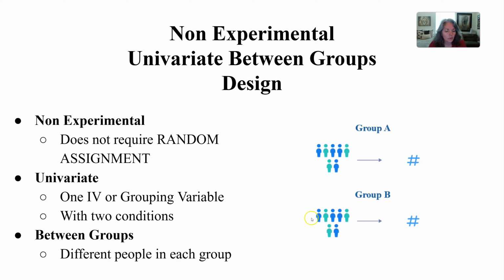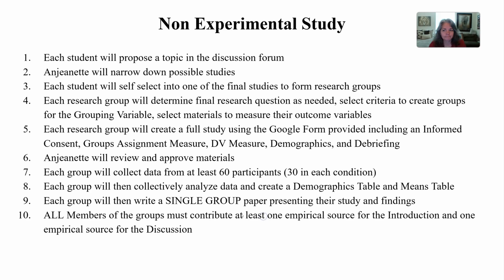Okay, so those are going to be different people in group B than you have in group A. Okay, you have to recruit at least 30 people for each of your groups, so a total of 60.